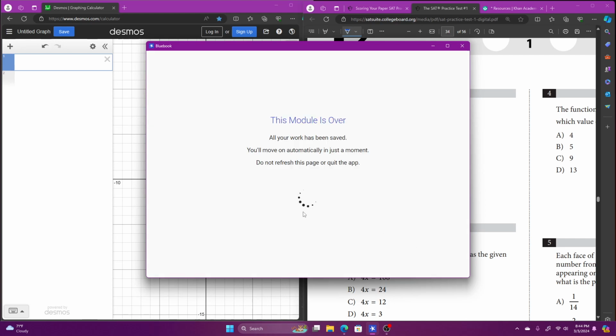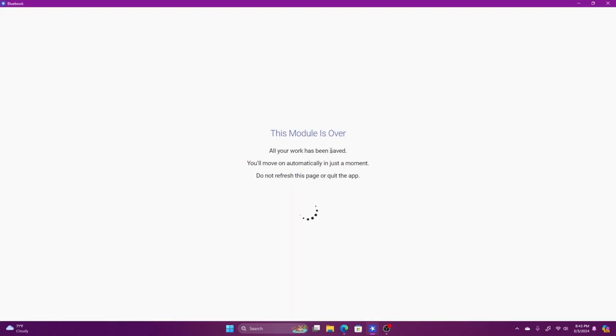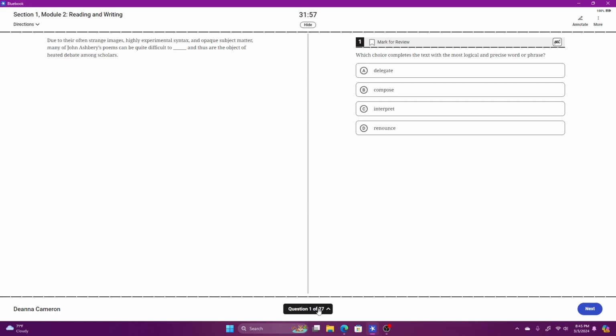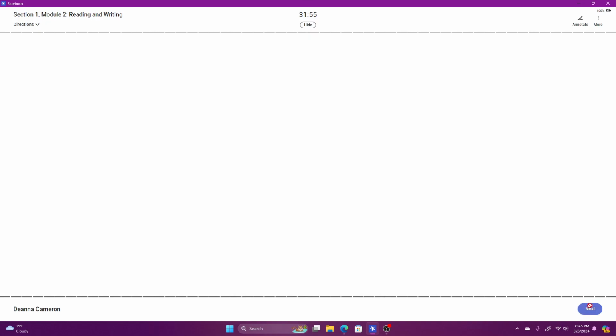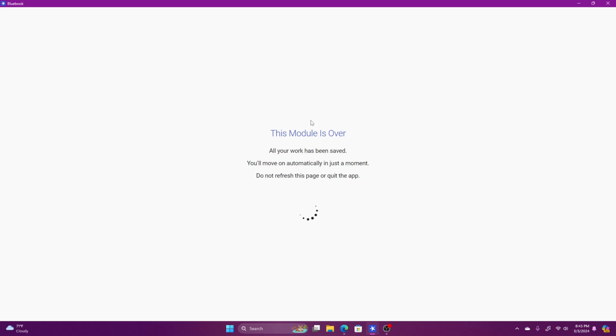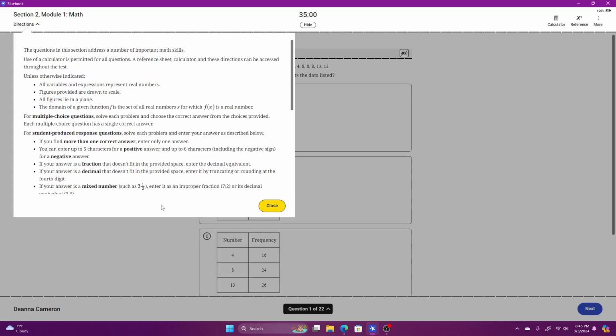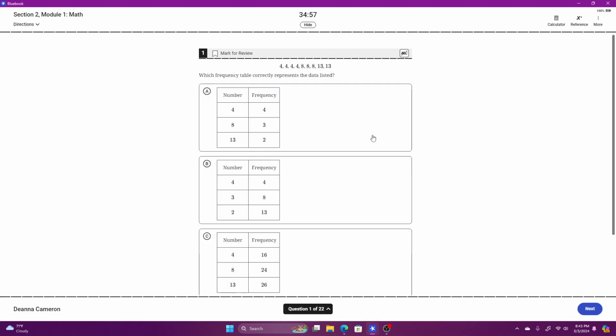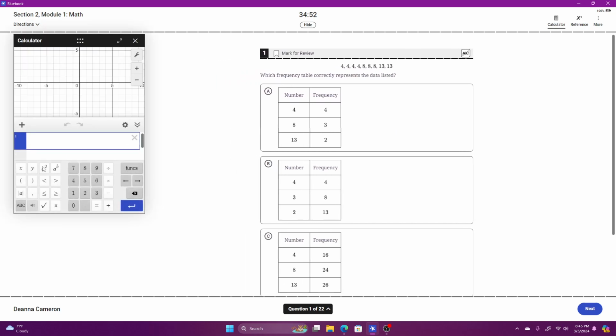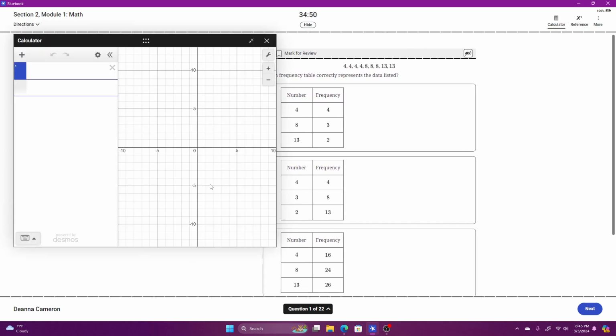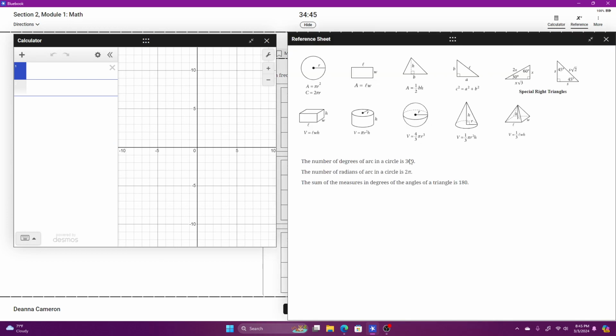So we're going to skip the first 2 sections, skip the break, and then here we have the math section. So you have your first question, you have the Desmos graphing calculator, which is as big as it gets on the SAT, and you have your reference sheet right here.